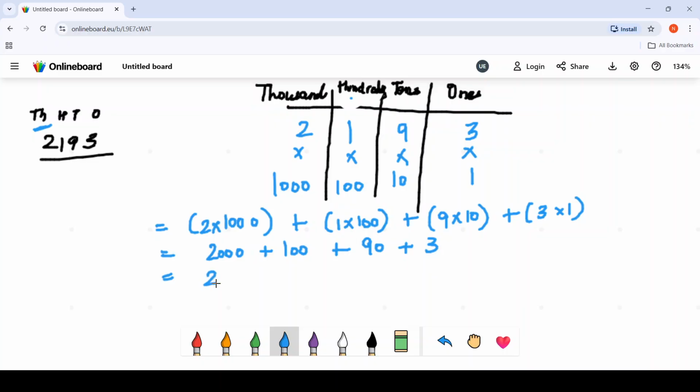So the number becomes 2193. Okay? I hope you are getting a clear idea about the place values, right? So in this video we learned about the place value in the hundreds place and thousands place, meaning 3-digit numbers and 4-digit numbers.